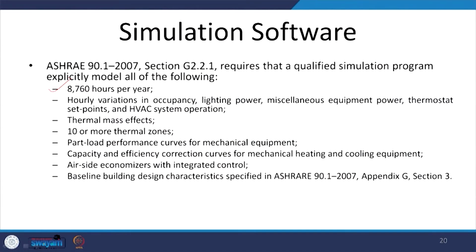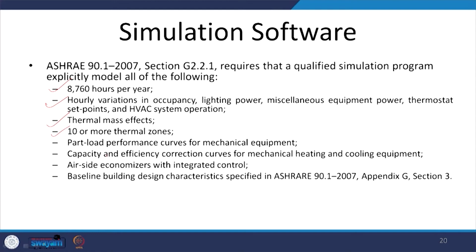So, all 8760 hours per year shall be modeled as per the simulation programs. It should be able to depict the hourly variations in occupancy, lighting power, the equipment power, the thermostat set points and HVAC system operations. It should also be able to reflect the thermal mass effects, and it should be able to handle 10 or more thermal zones. So, no clubbing of thermal zones should be happening.